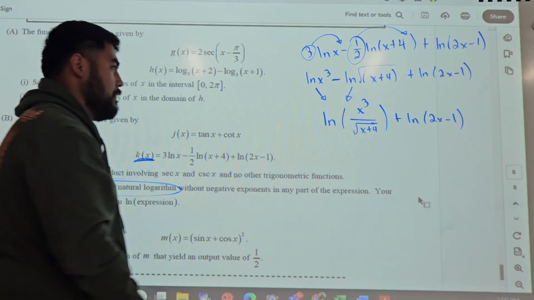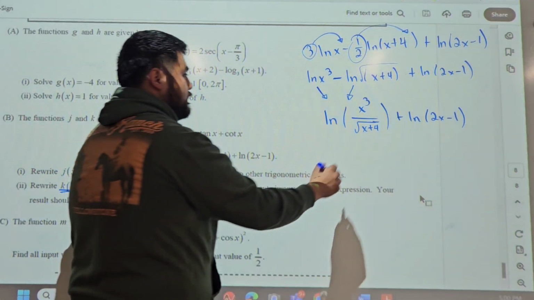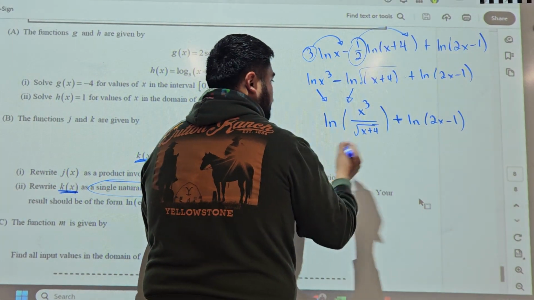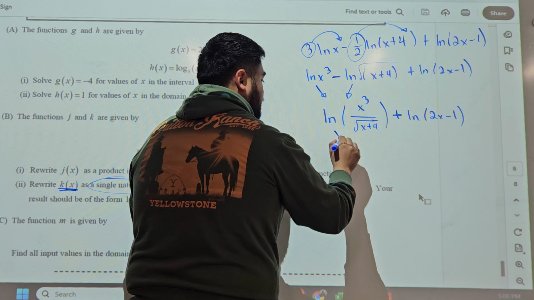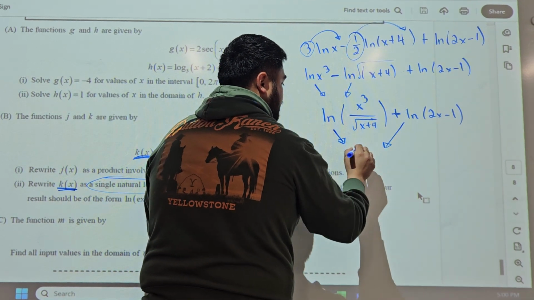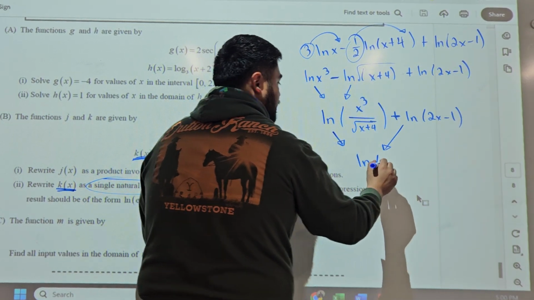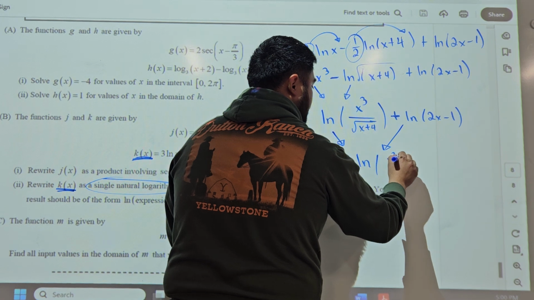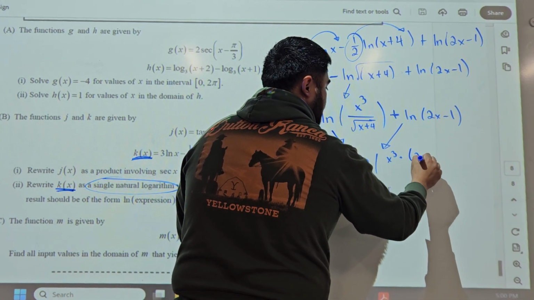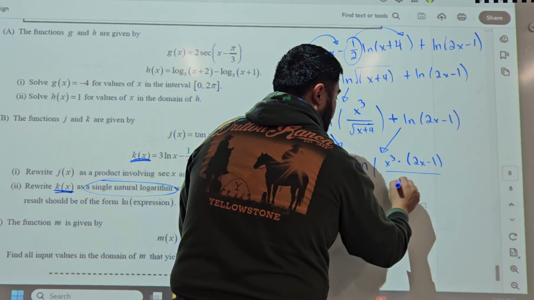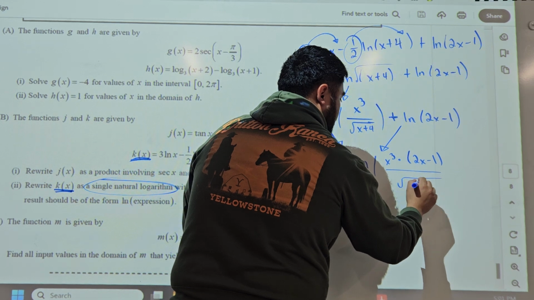And again, here we go. If you have addition, you have to multiply. So these two are going to condense one more time. Natural log of x cubed times (2x minus 1) over the square root of x plus 4.